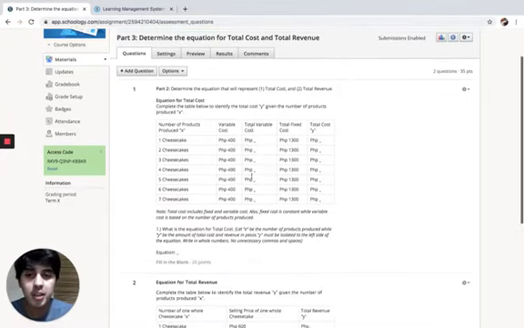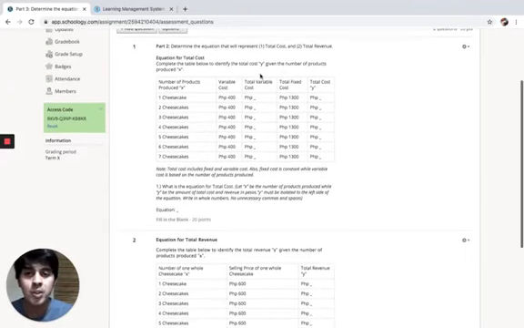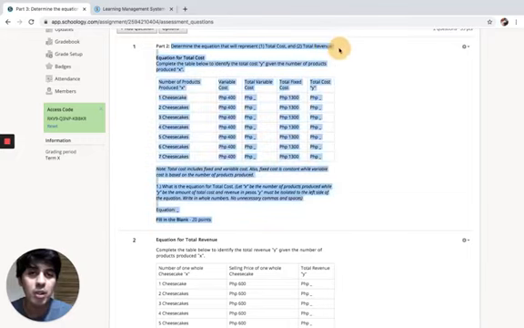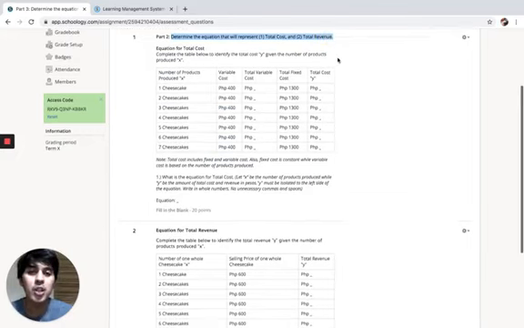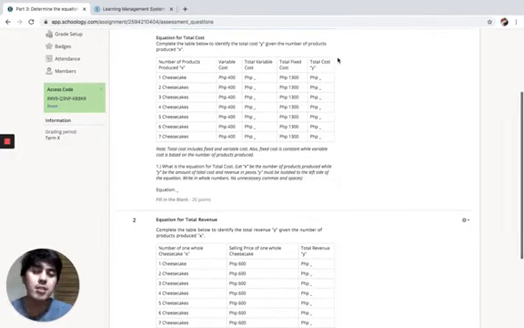In part 3, we need to determine the equation that will represent total cost and total revenue. The task here is to relate total variable cost with total fixed cost and total cost.